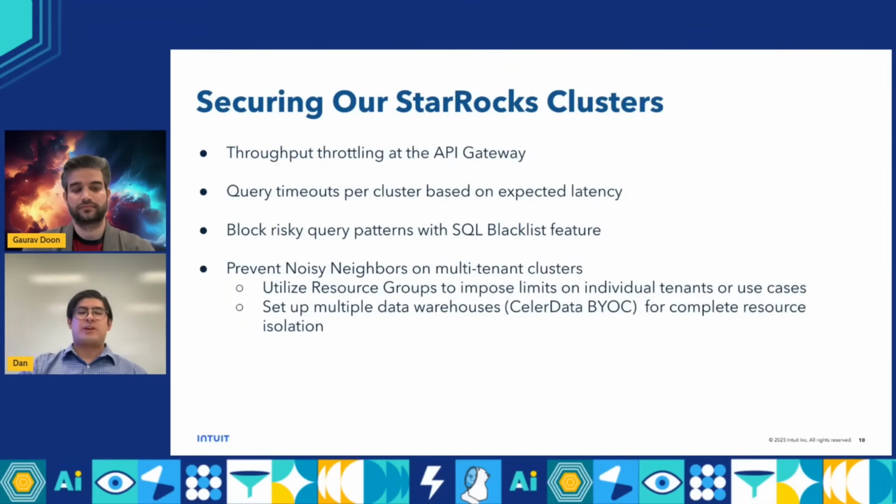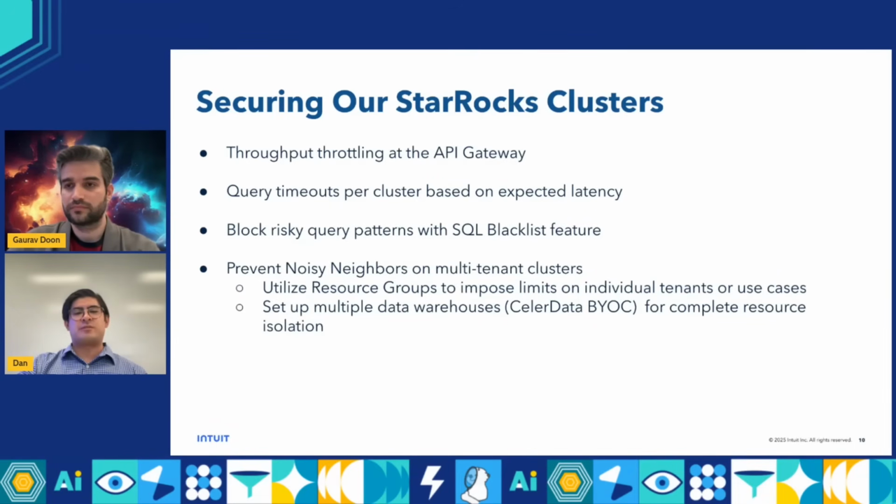Next, I want to talk about other ways that we are protecting our StarRocks clusters. Again, we have the query REST layer as one mechanism to protect our clusters from any bad actors or any operational issues. But we also are using throughput throttling at our API gateway level, so that the number of requests coming to the clusters are not overwhelming it.